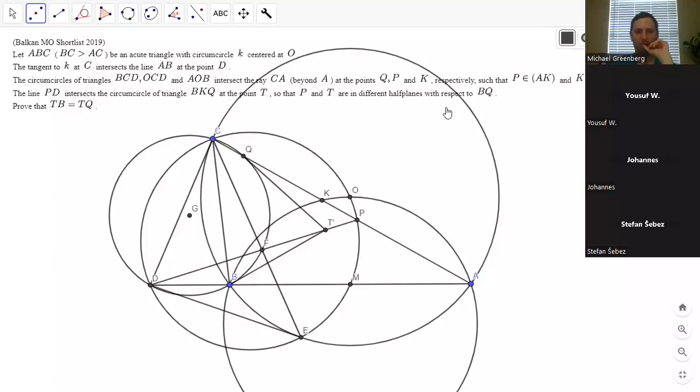Then QTB is just QGB because that's a cyclic quadrilateral.